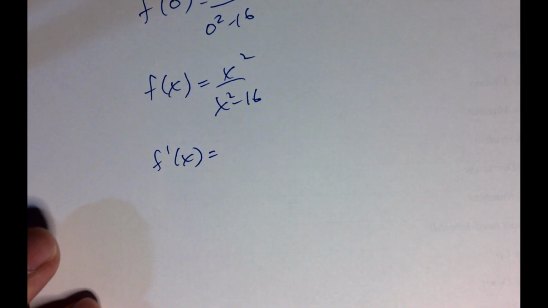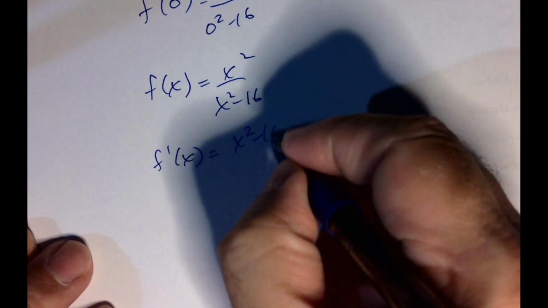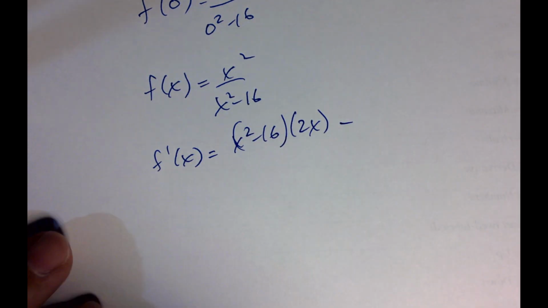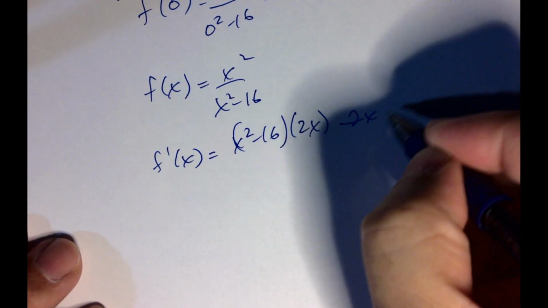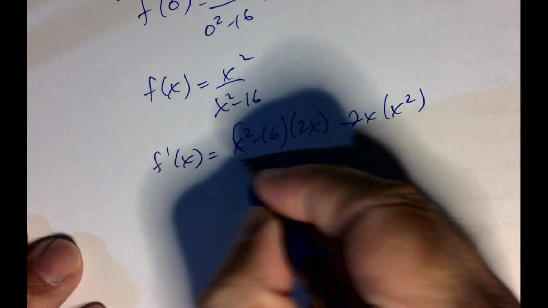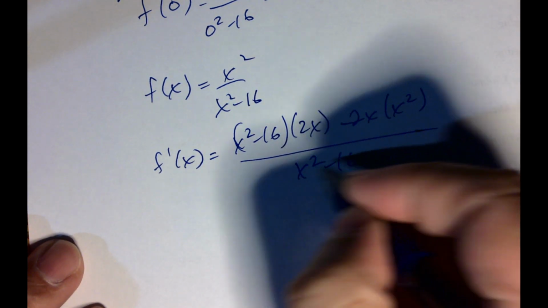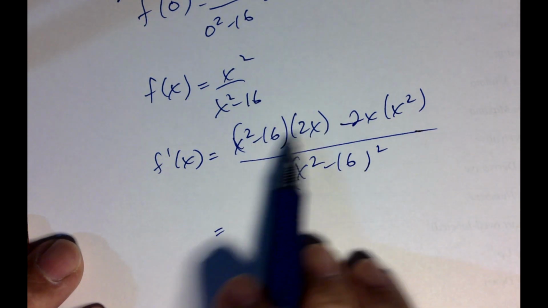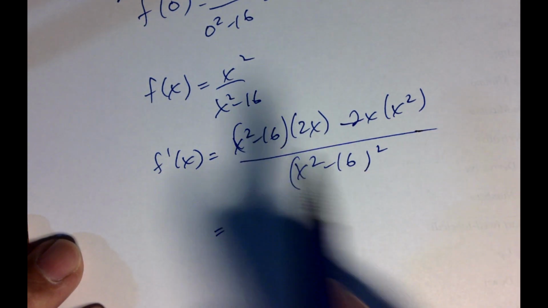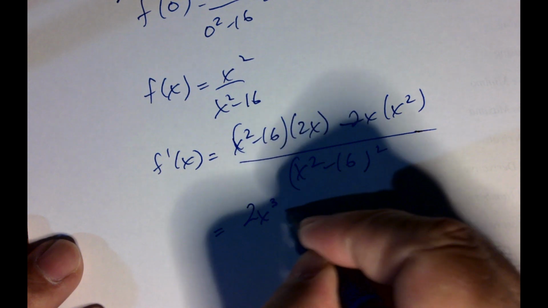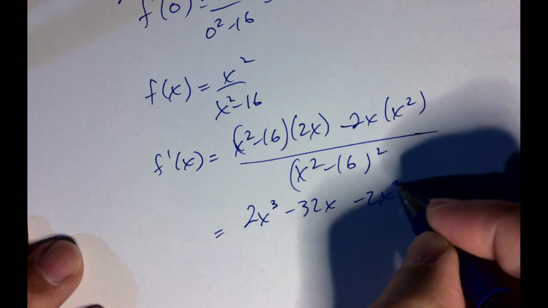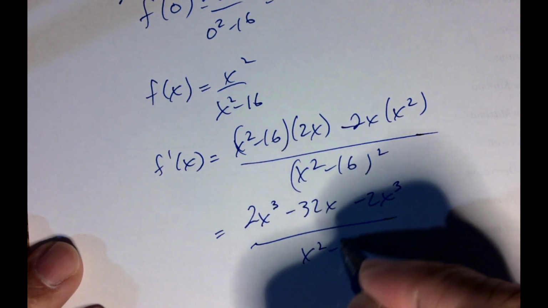So f prime of x equals the denominator times the derivative of the numerator minus the derivative of the denominator times the numerator, over x squared minus 16 squared. Okay, go ahead and clean that up. So I'm just going to multiply out the numerator. So it'll be 2x times x squared is 2x cubed minus 32x minus 2x cubed, over x squared minus 16 squared.